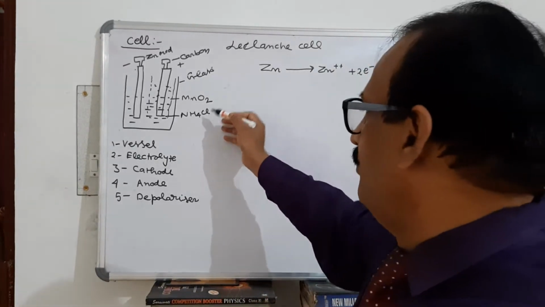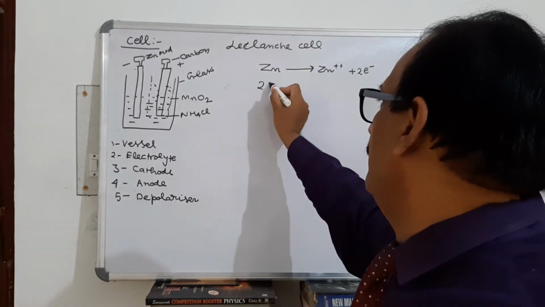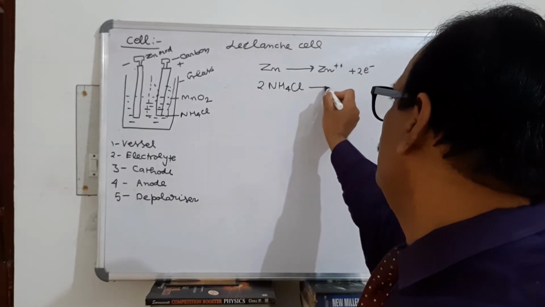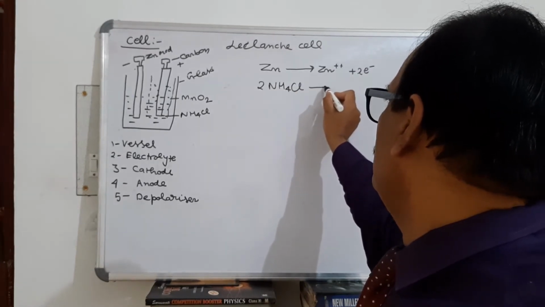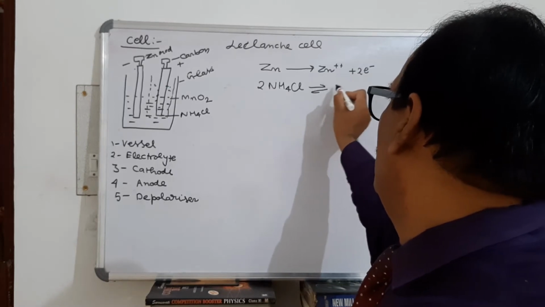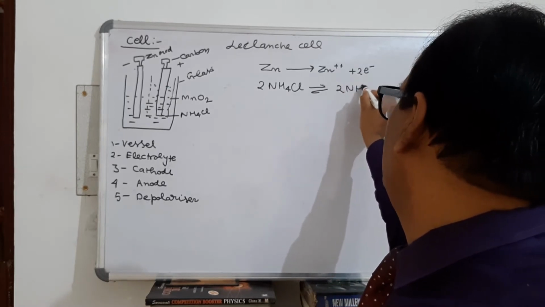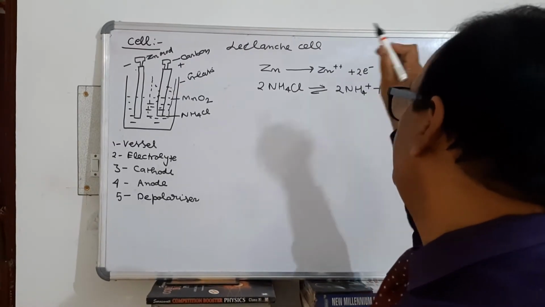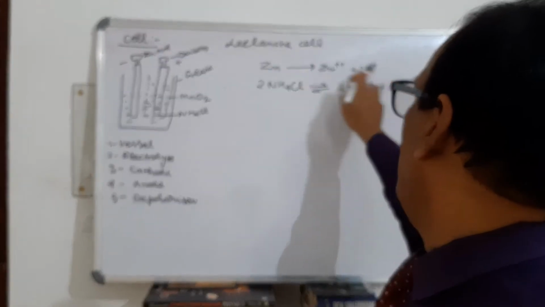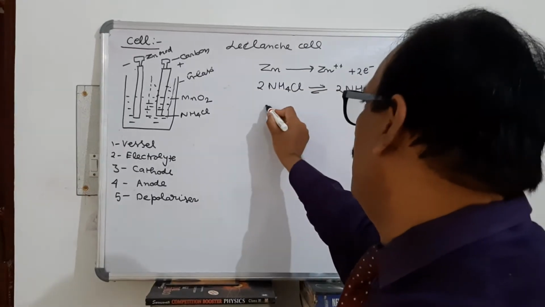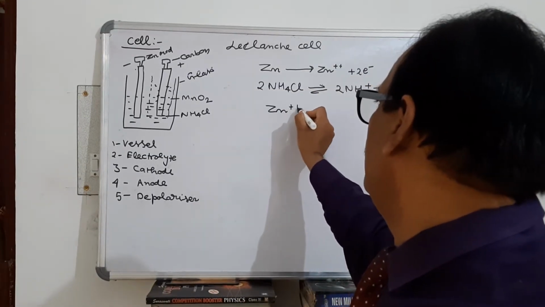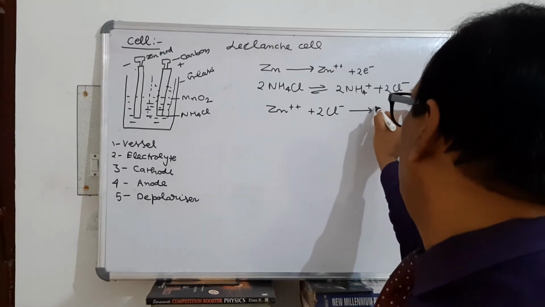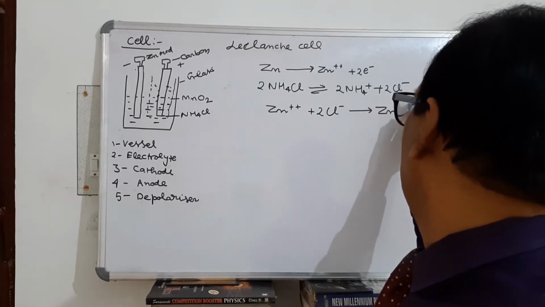Now, this electrolyte, ammonium chloride, is ionized as NH4+ and Cl-. This Cl- and the Zn2+ combine together to form zinc chloride.